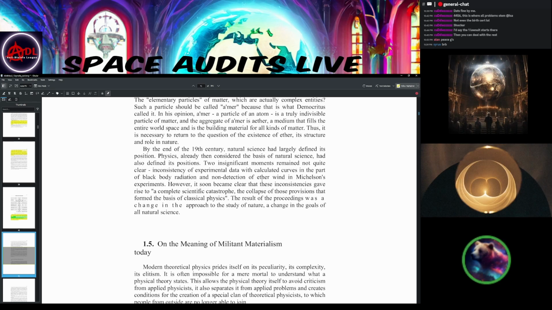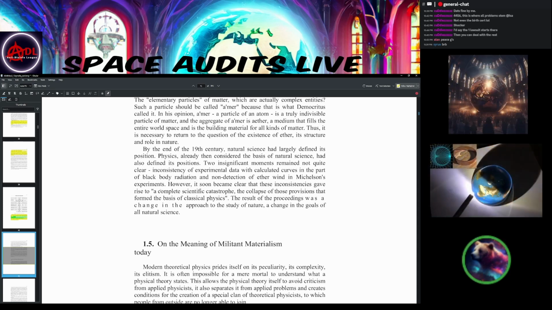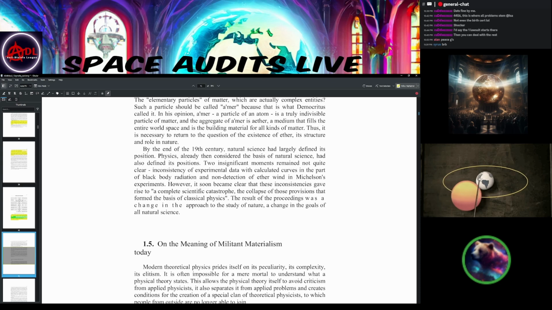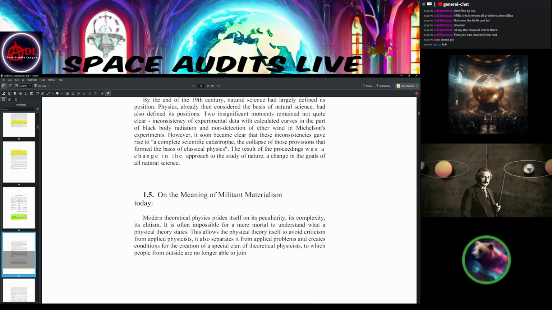However, it soon became clear that these inconsistencies gave rise to a complete scientific catastrophe, the collapse of those provisions that formed the basics of classical physics. The result was a change in the approach to the study of nature and the goals of all natural science.